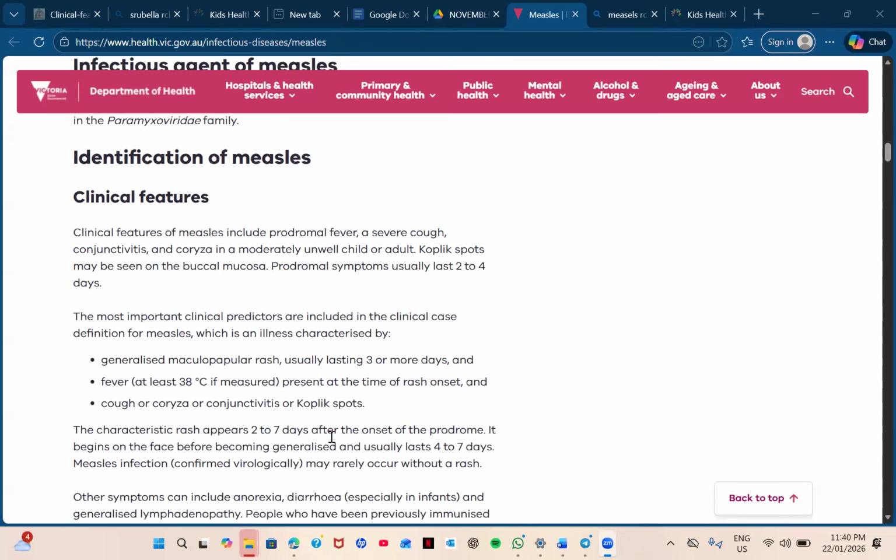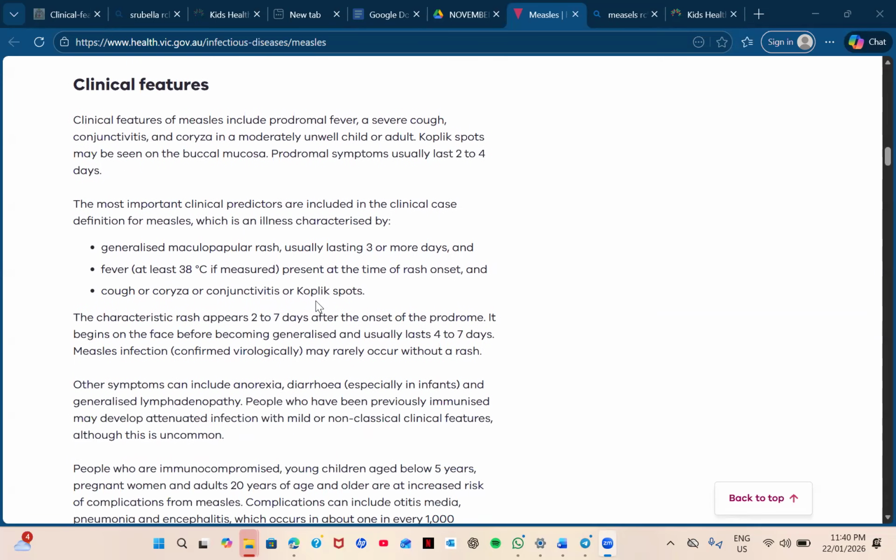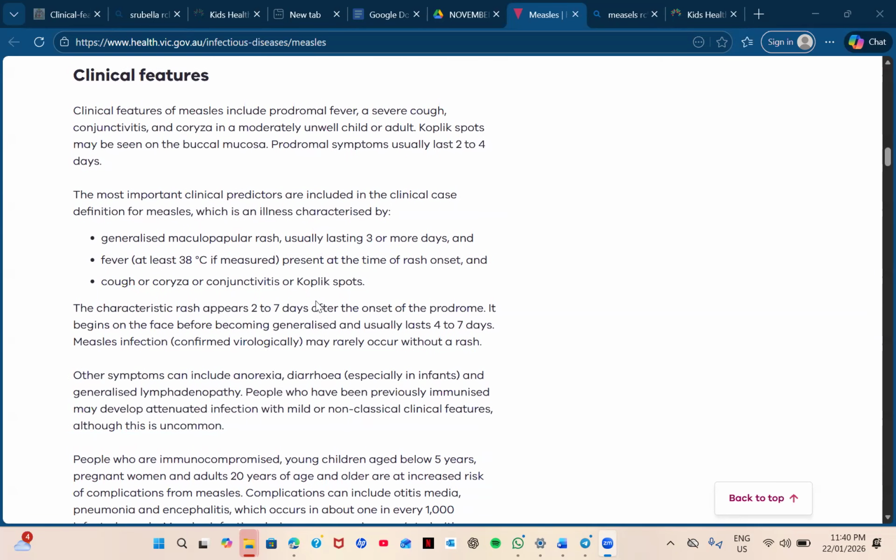Then what are the clinical features? In measles, how do we remember the clinical features? Three C's, right? For scarlet fever, we have four A's, but for measles, we have three C's. So what are those three C's you can remember?